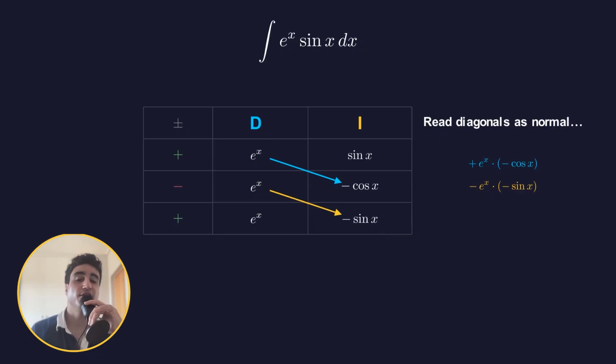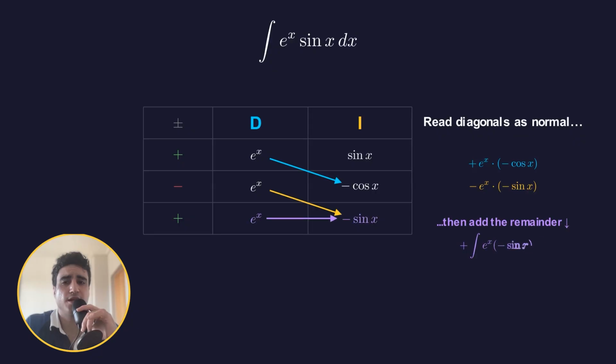Now for the next part, we've got a plus and we've got e to the x and negative sine x at the bottom row. Because I'm not going any further here, I'm going to say plus the integral of e to the x times negative sine x. And as a result, what does that give us?